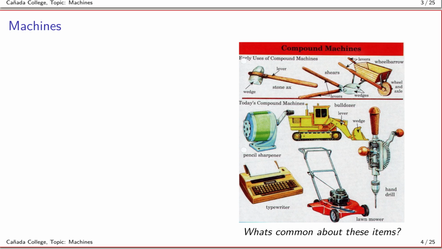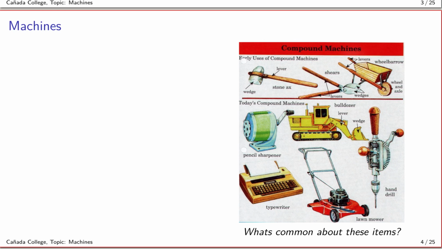So look at this image here and look at the various objects that are shown on it. I think several of these items are familiar to you from either lying around at home or things that you see, for example, when you're outside in your neighborhood or going to school, and for example, when you cross a construction site and so on and so forth.